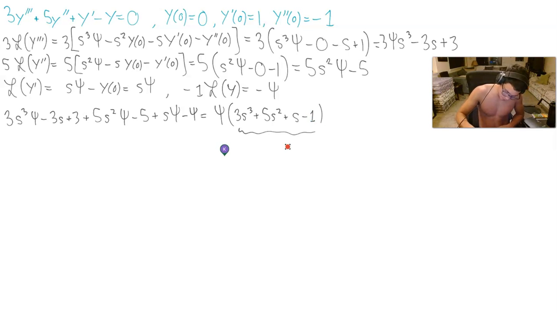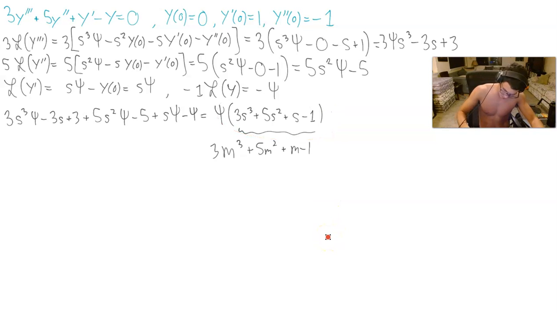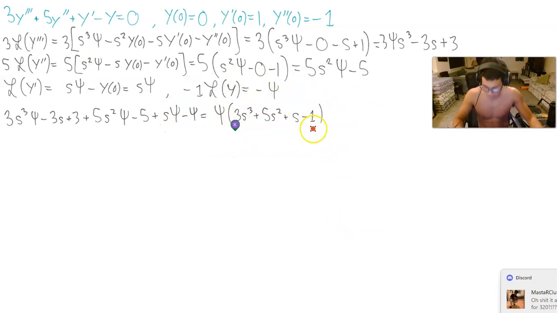We would write it as 3m cubed plus 5m squared plus m minus 1, where this is a polynomial that represents the differential equation, right? So that's how you can check that's correct. And it's an important check to make, because as you can see, I've messed up a few times already. There's so much information here, so I'm going to keep preaching, just take your time.